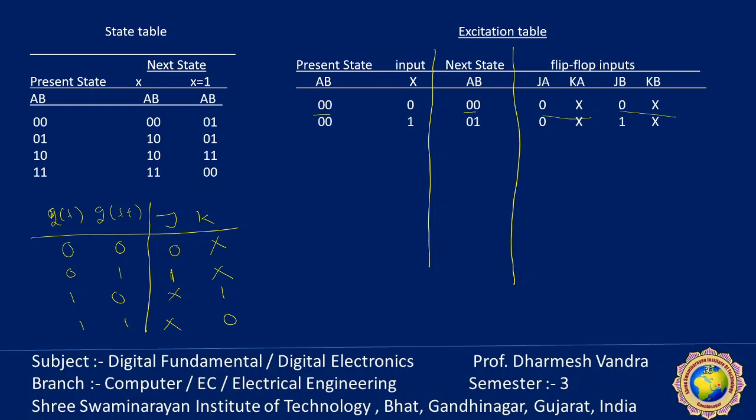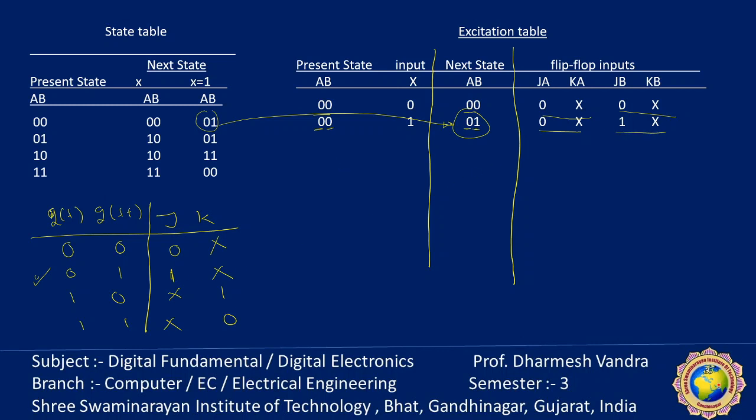Now if input is 1, with present state 0 0, A(t) is 0, A(t+1) is 0, so 0x. B(t) is 0, B(t+1) is 1, so the value of J is 1 and K is x.